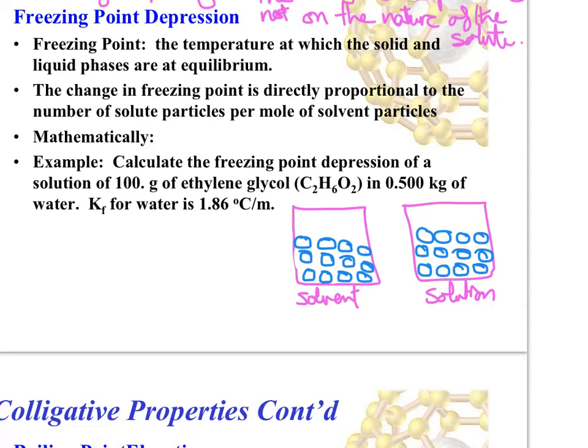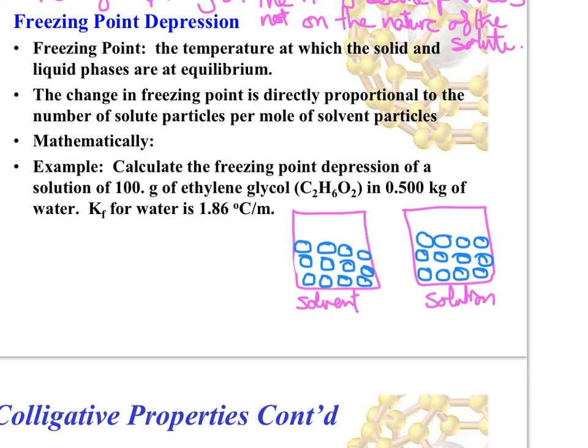So let's make those red, for example. So I have them here in green, and so the green, again, are my solute particles. The solvent and the solute together make a solution. So I want to compare those 2 particle diagrams.